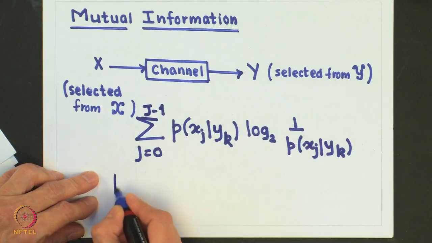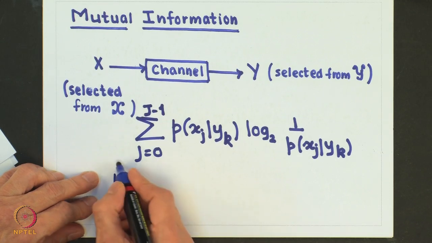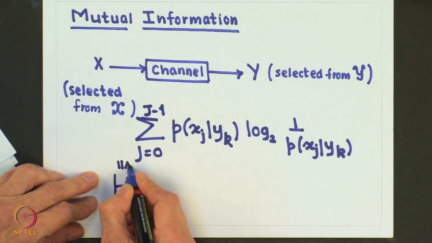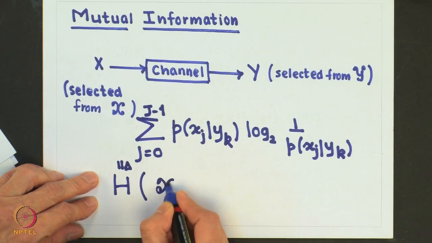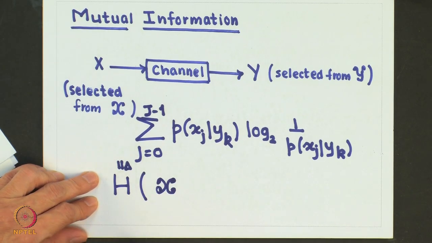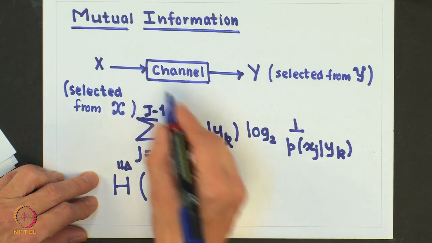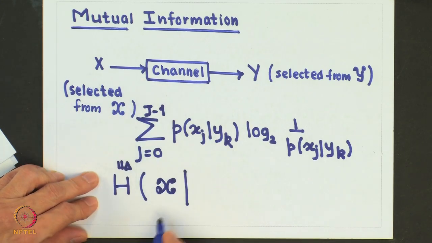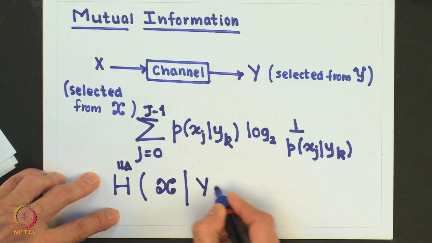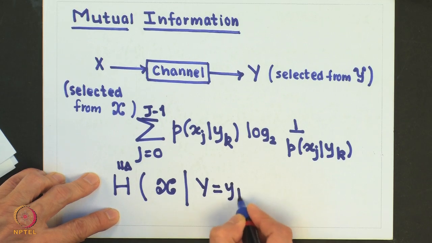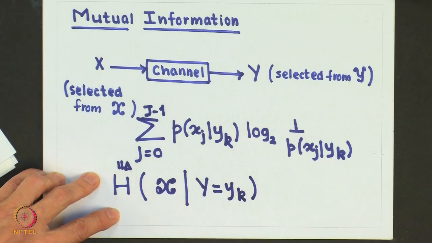This I call, by definition, the conditional entropy of X given Y equal to yk, correct.